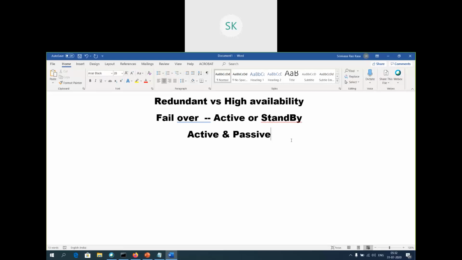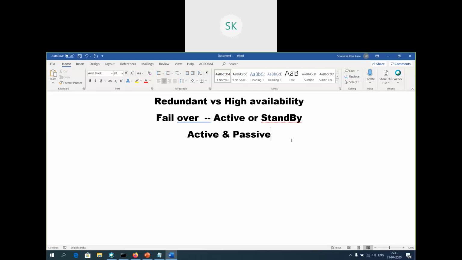So how to make it redundant? How can I configure both hard disks together so that even if one hard disk fails, my system can work without that failed hard disk? How do we achieve that? By using two devices, how can we achieve high availability? What is high availability?